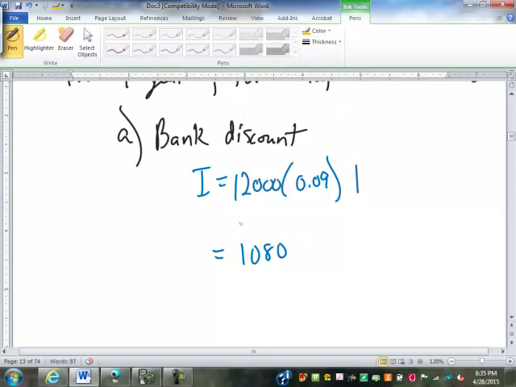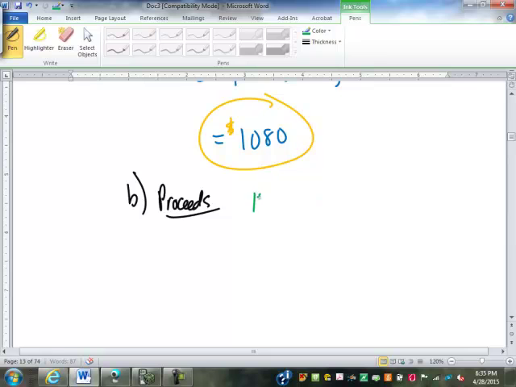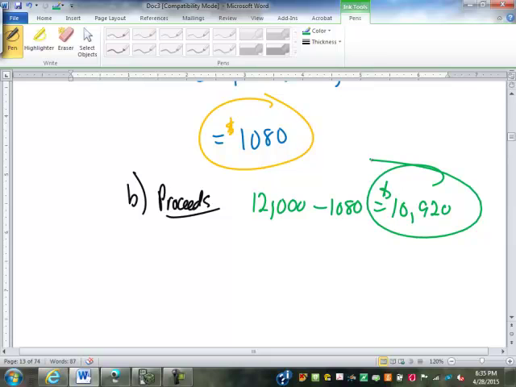So that's the bank discount, $1,080. Step 2, part B. Find the proceeds. How do you do that? 12,000 minus 1,080 equals 10,920. That's proceeds.